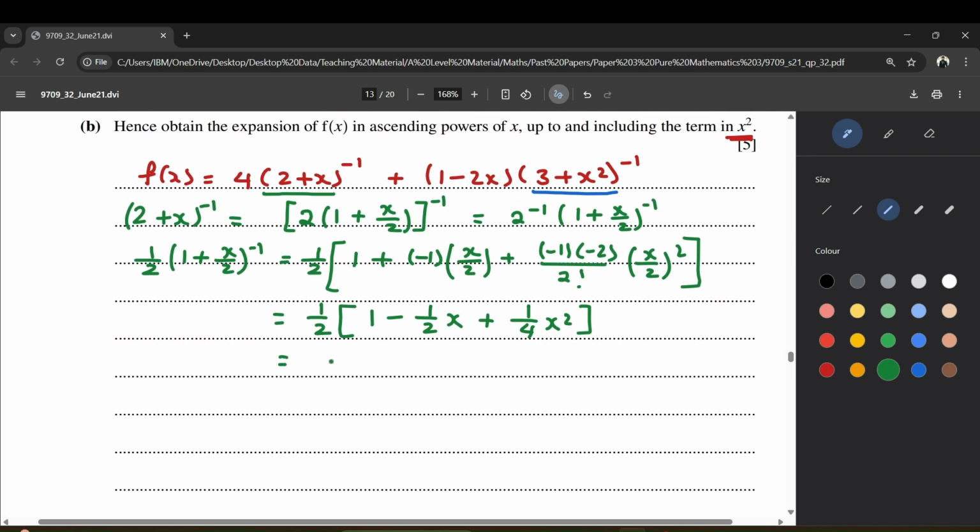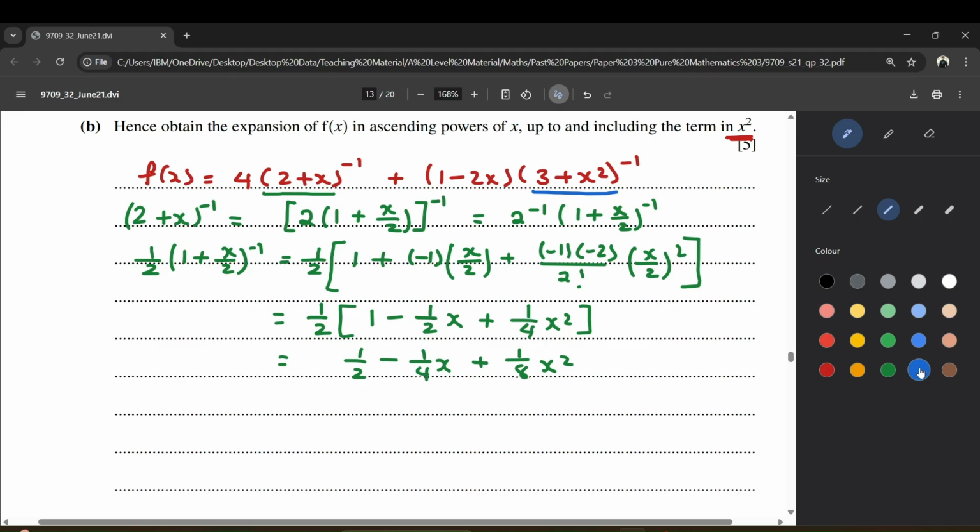Finally, if I expand this, I'm going to get 1 upon 2 minus 1 upon 4x plus 1 upon 8x square. So this is the expansion for this part.